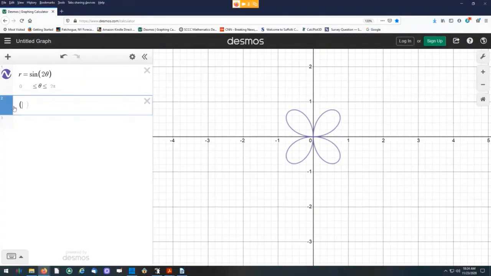So I have my x squared plus y squared, and raise that up to the 1.5 power or 3/2 power, and that's equal to 2xy.